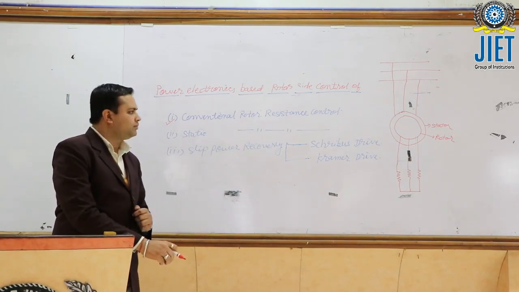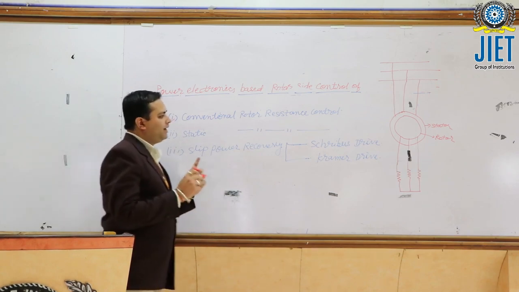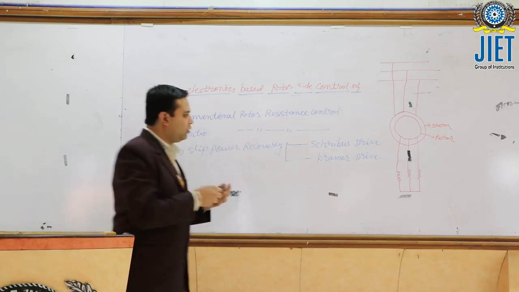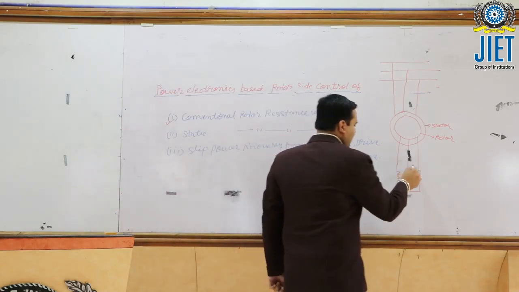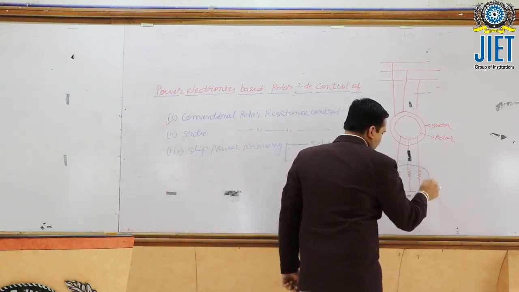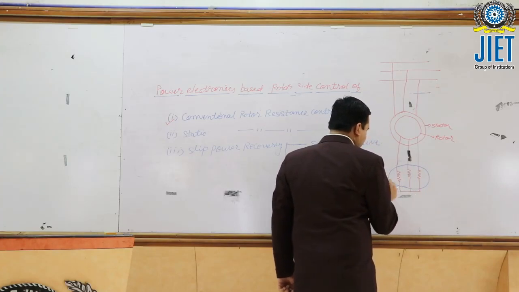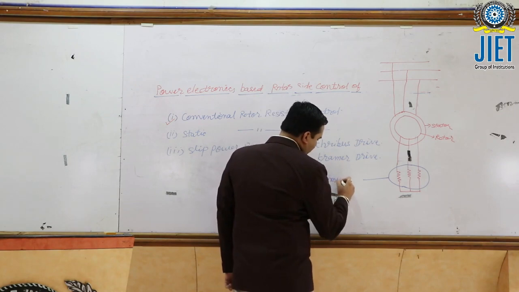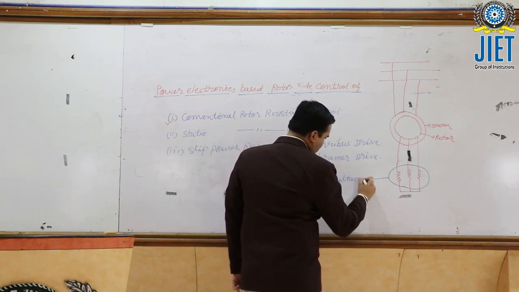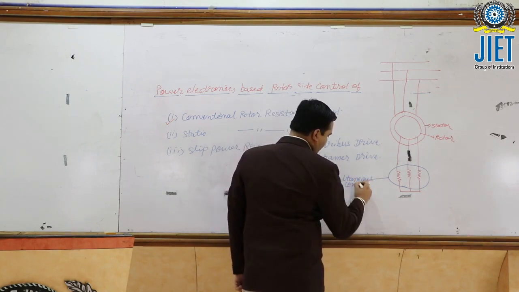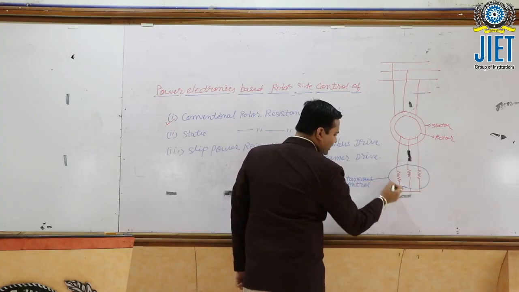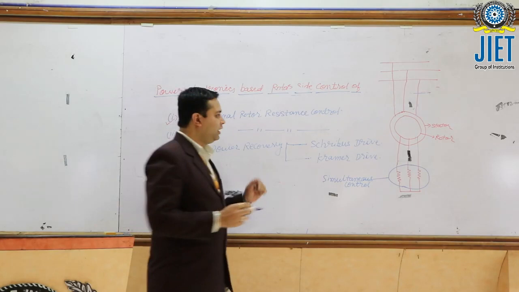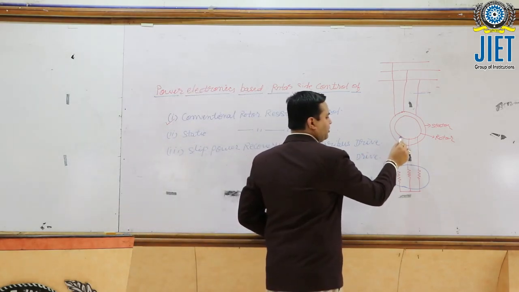Now there are two difficulties of this particular method. If we are controlling the induction motor speed by the resistance control, the first difficulty is that simultaneous control of the resistances is not possible in all three phases if we are adding the external resistor in the rotor side of an induction motor.